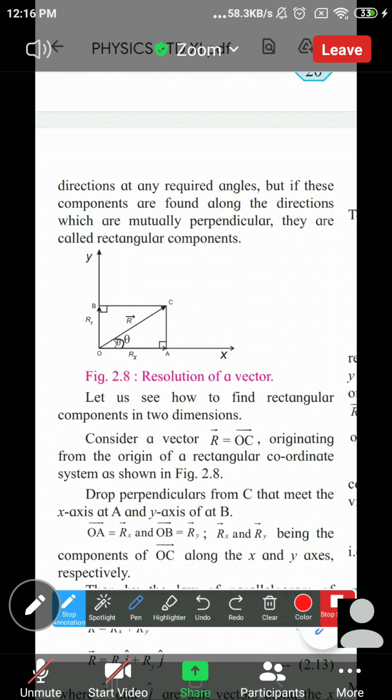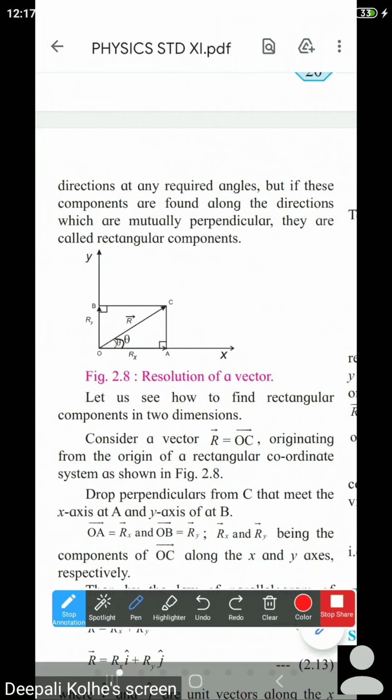If the components of r bar are along the x and y axes, then these components are mutually perpendicular and they are called rectangular components.